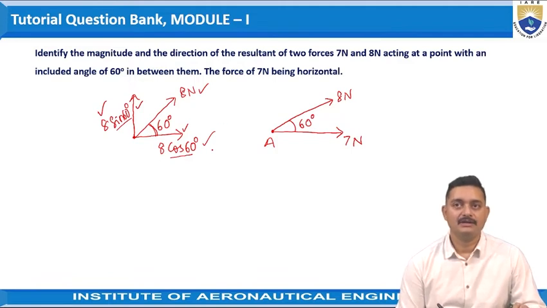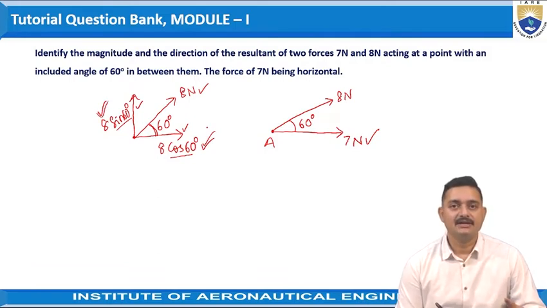Now, combining all these, we can say that there are three forces acting: the 7 Newton horizontal force, the 8 cos 60 degrees horizontal component force, and the 8 sin 60 degrees vertical component force of the 8 Newton force. So now we can say that there are two horizontal forces and one vertical force.